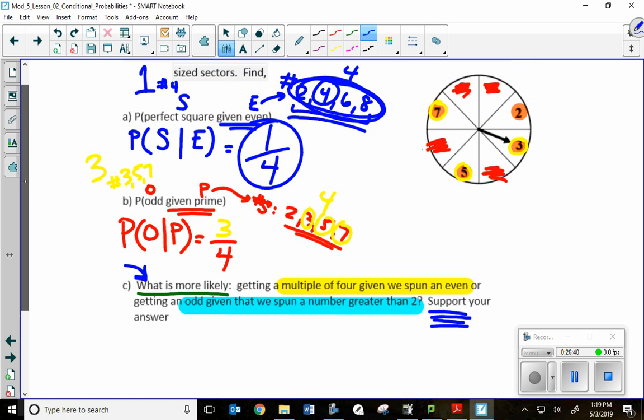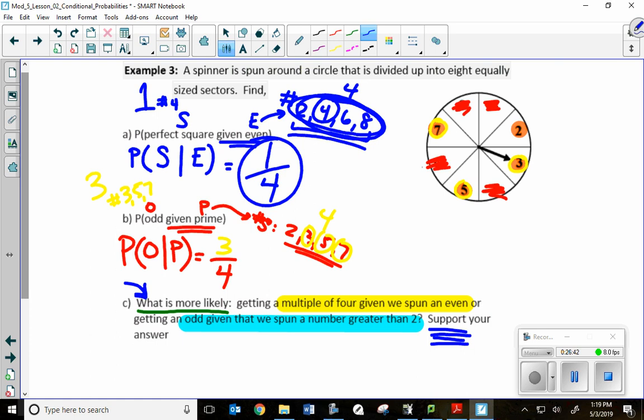How do we figure out what is more likely? We are going to do these 2 scenarios. I highlighted one in yellow and I highlighted one in blue. So we're going to have 2 probabilities. The situation that has the greater probability, the probability that is the higher number, is more likely. I'm going to see the movies tonight, okay?